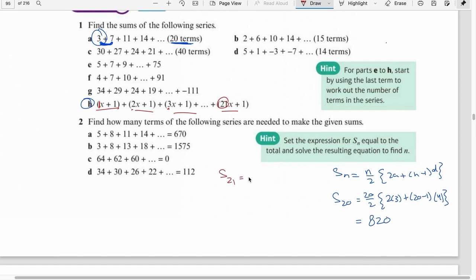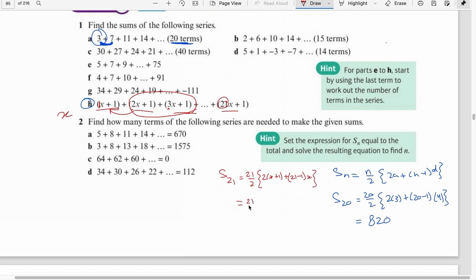So the sum of 21 terms is equal to 21 by 2 into 2a. The first term is x plus 1. So 2 into x plus 1, plus n minus 1, that will be 21 minus 1, and the difference. If we subtract these two terms, we get rid of 1 and the difference is x. Just a cross check, if we subtract these two, we get rid of 1 and the difference is still x.